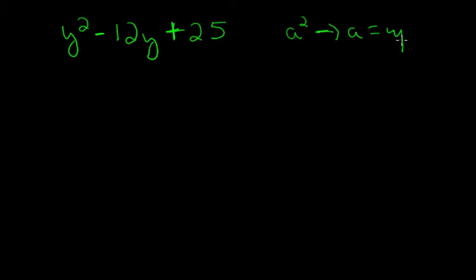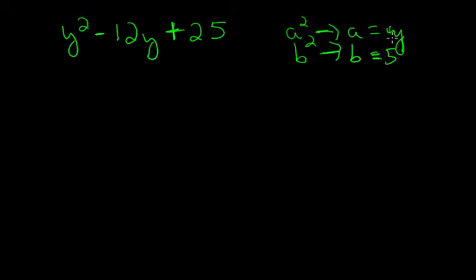So we'll go y squared minus 12y plus 25. Well, we know 25 is 5 squared, and that's what we're looking at as our ends. They imply that a would be y, and b squared implies that b would be 5.